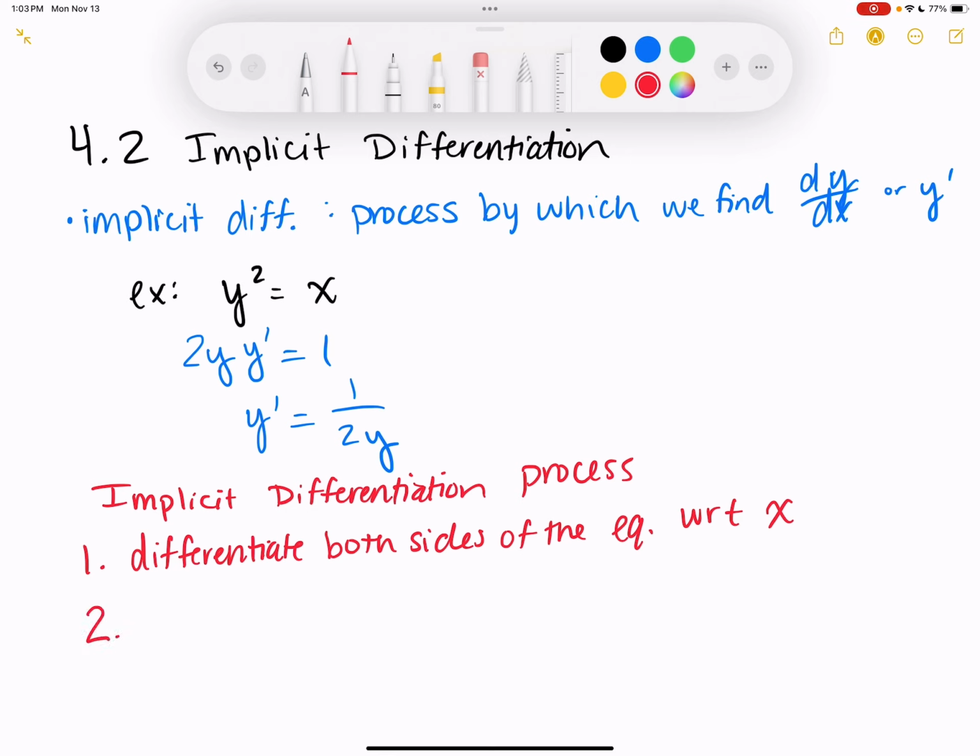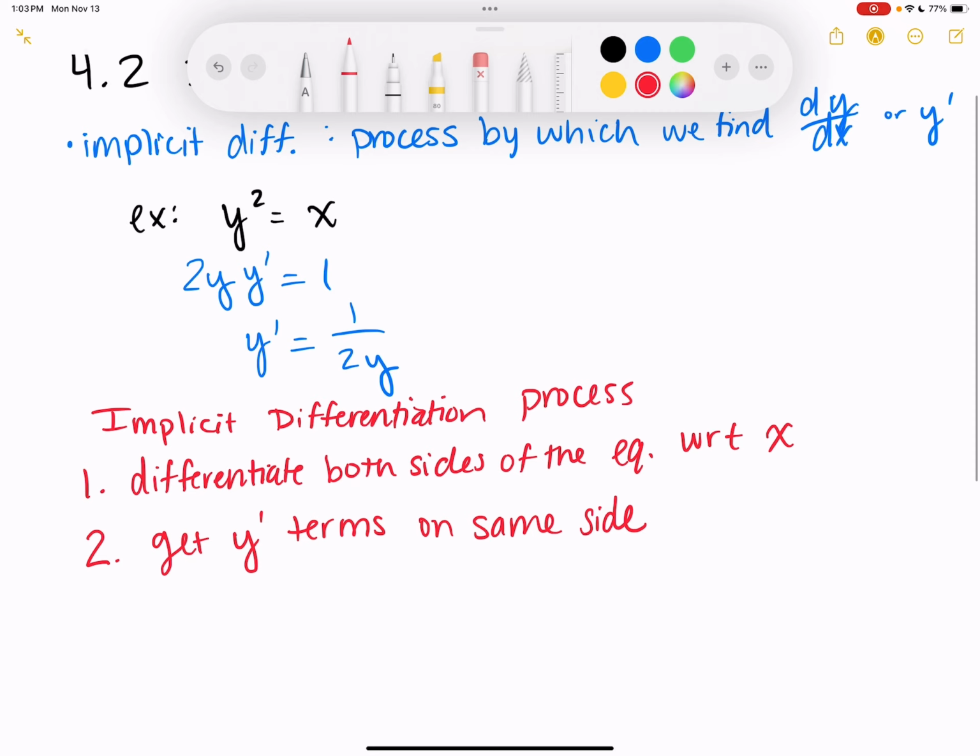Two, get y prime terms on the same side. Three, factor out any y primes. And 4, solve for y prime.